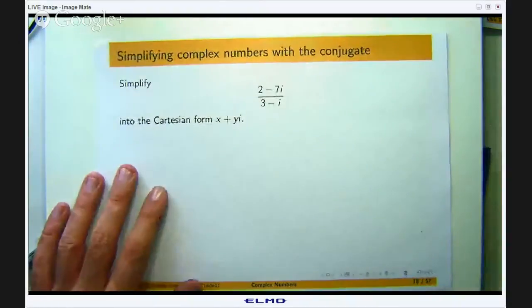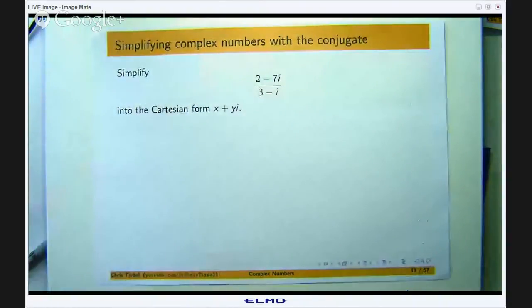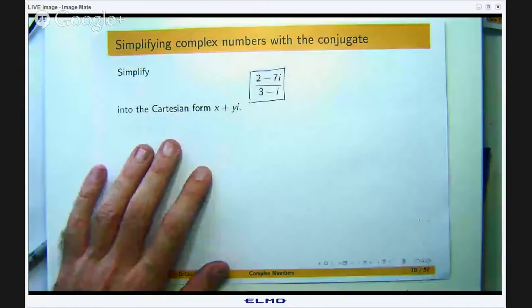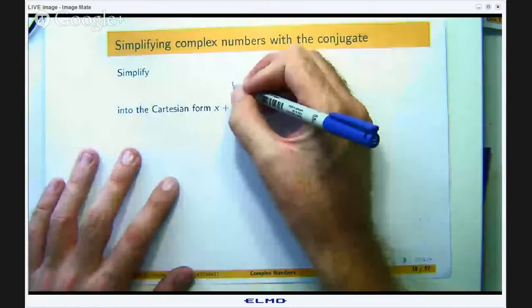Let's do an example by hand. Here I've got one complex number divided by another one, and we're asked to simplify it into the Cartesian form x plus yi. So what I'm going to do is, let's call this, say, w.